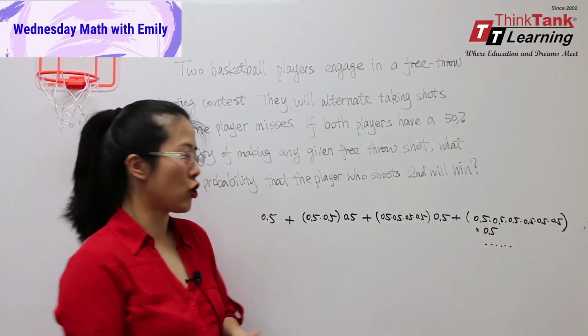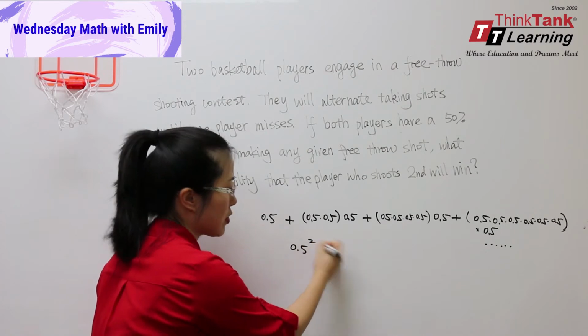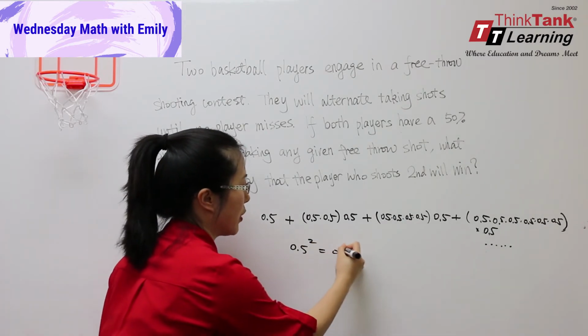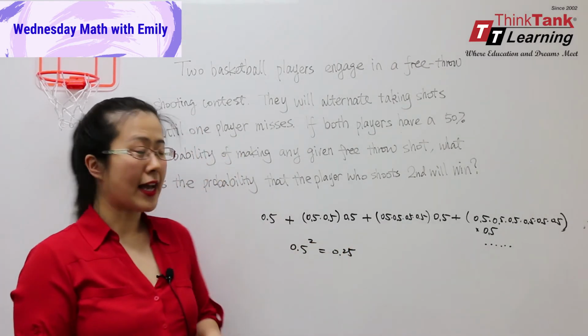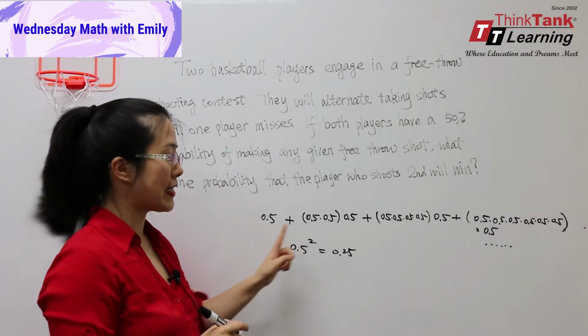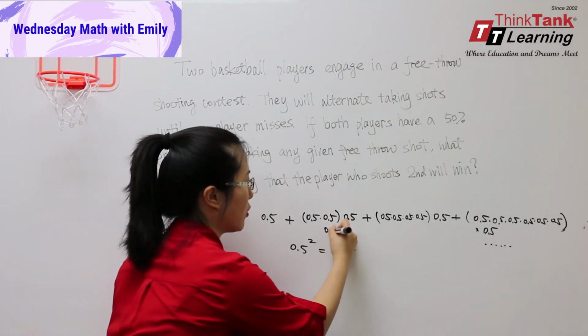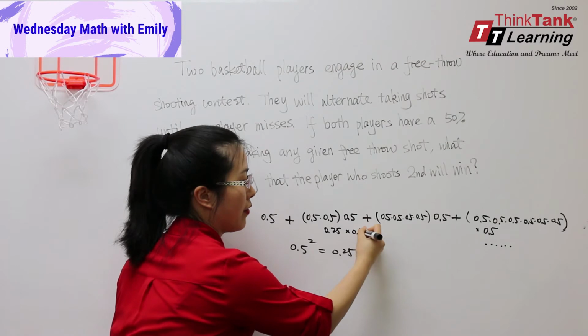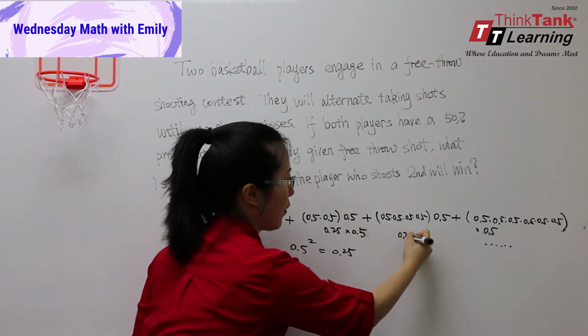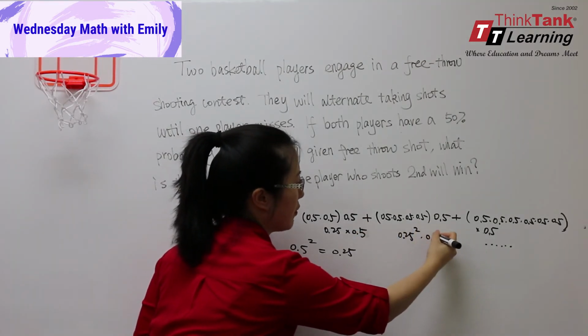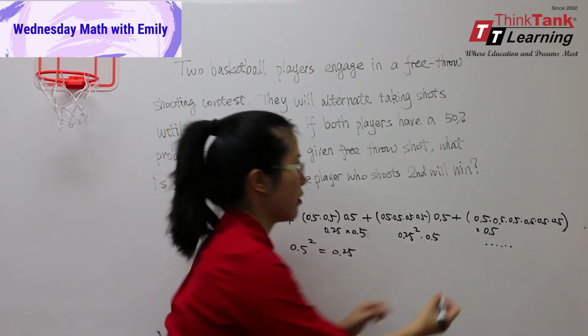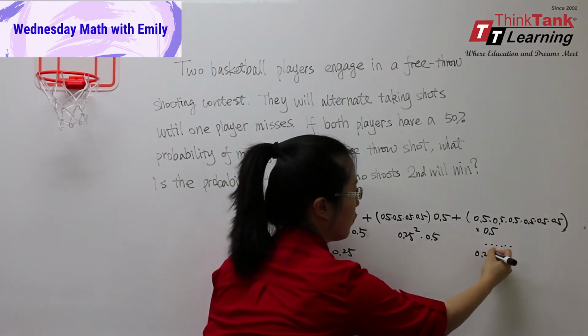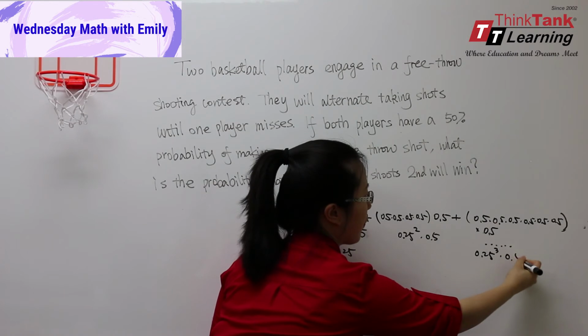Here the common ratio is 0.5 squared, which is 0.25. As you can see, the first number is 0.5, the second number is 0.25 times 0.5, the third number is 0.25 squared times 0.5, and the fourth number is 0.25 cubed times 0.5.